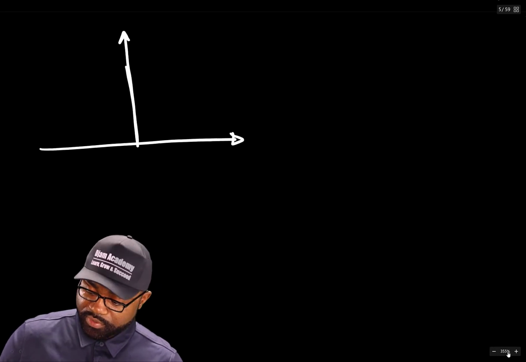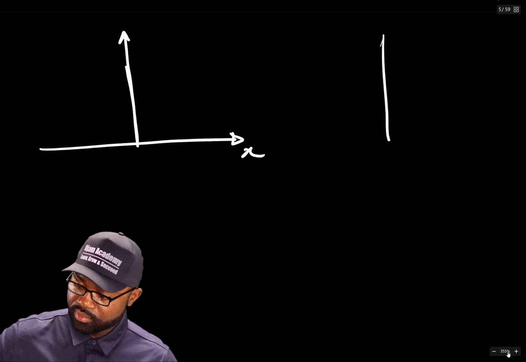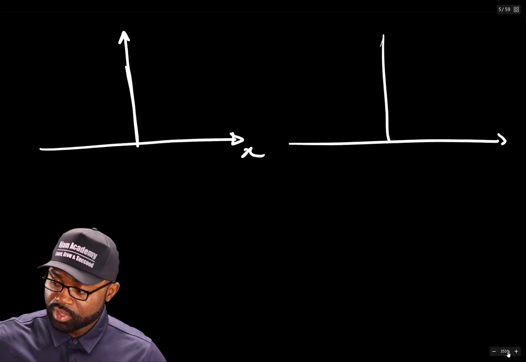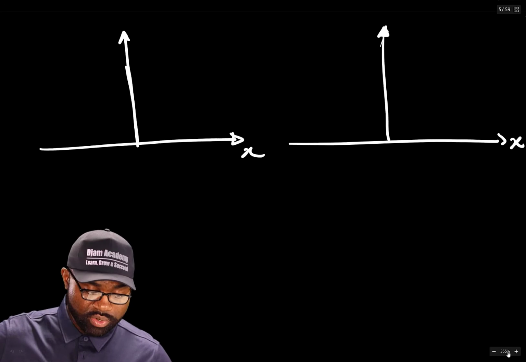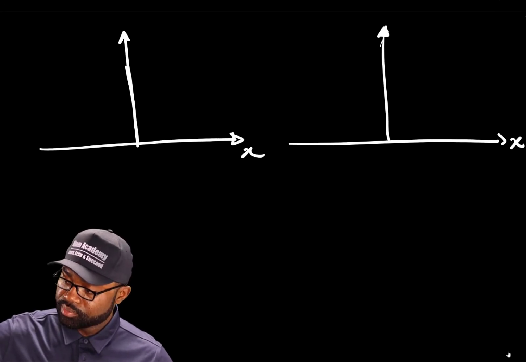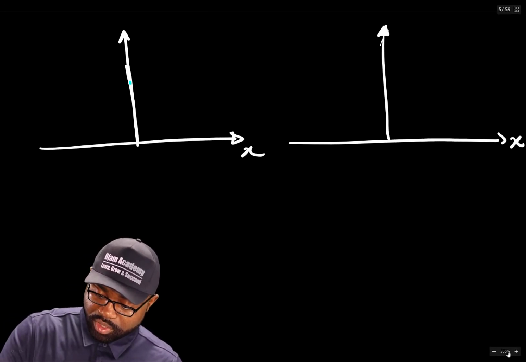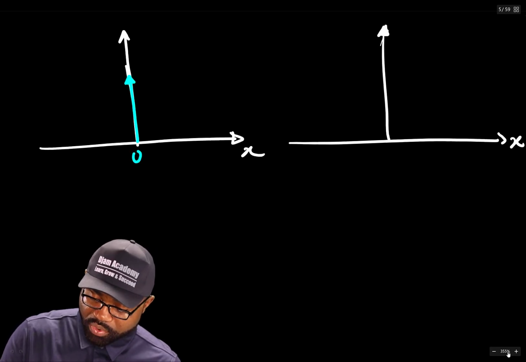So to illustrate the difference between a point impulse and a shifted point impulse, we will draw this diagram. This is x. This is x. So for a point impulse, the value of delta(x) is at the origin.